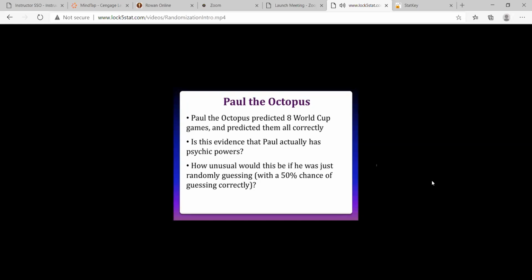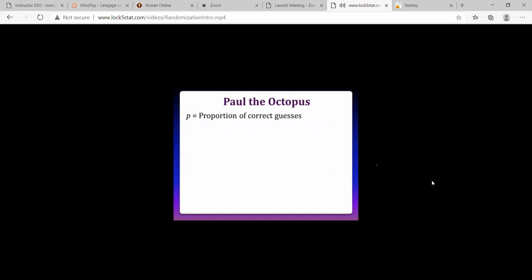So to put this into a more formal hypothesis testing framework, we're doing inference for a single proportion, where this proportion P is the proportion of correct guesses of all times that Paul would predict a World Cup game. Our null hypothesis is P equals 0.5 versus our alternative that P is greater than 0.5. In a randomization test, the first step is to simulate new statistics, assuming the null is true.